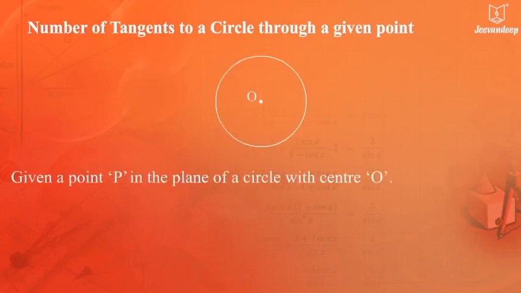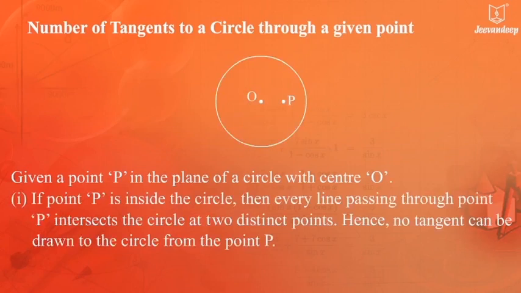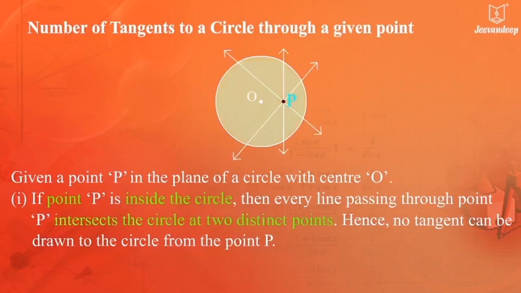Number of tangents to a circle through a given point. Given a point P in the plane of a circle with center O. 1. If point P is inside the circle, then every line passing through point P intersects the circle at two distinct points.